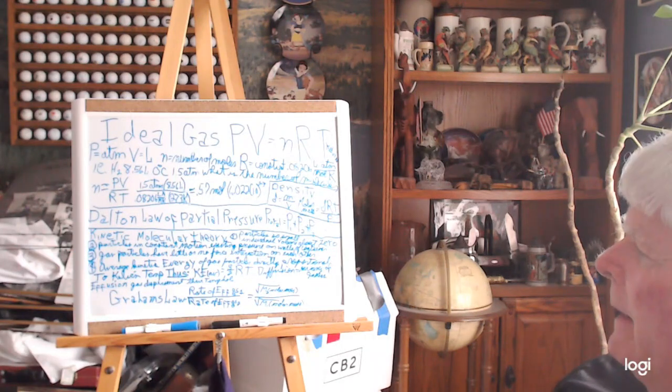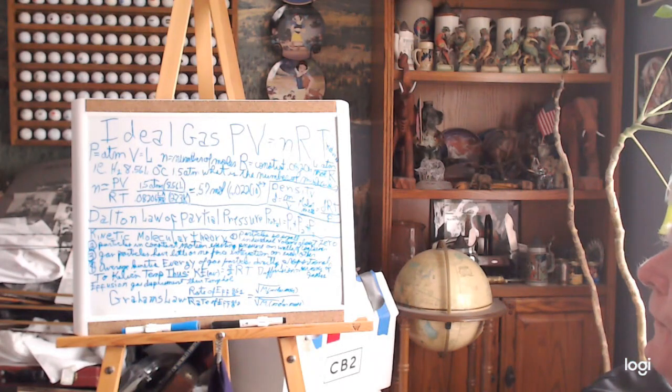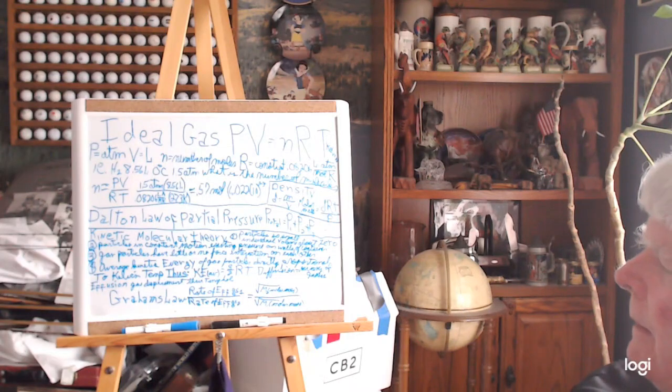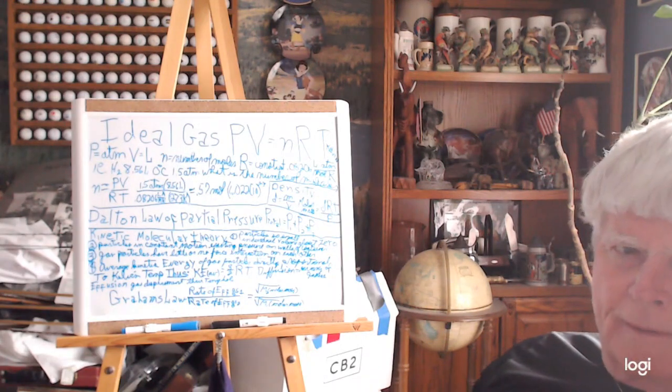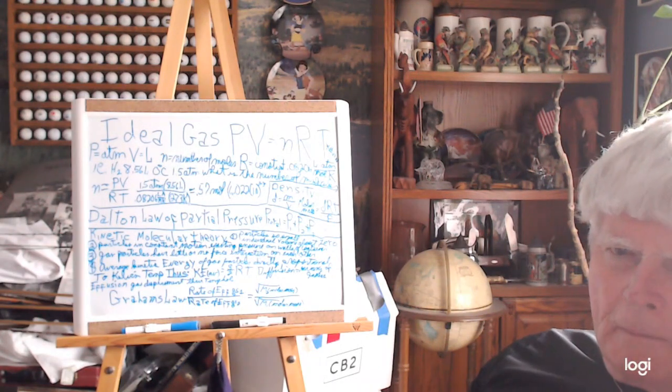He says the rate of effusion of gas 1 over the rate of effusion of gas 2 is equal to the square root of the molecular mass of the second gas divided by the square root of the molecular mass of the first gas. Now, Graham's law is quite a big deal when you're talking about gases in motion, and rates.